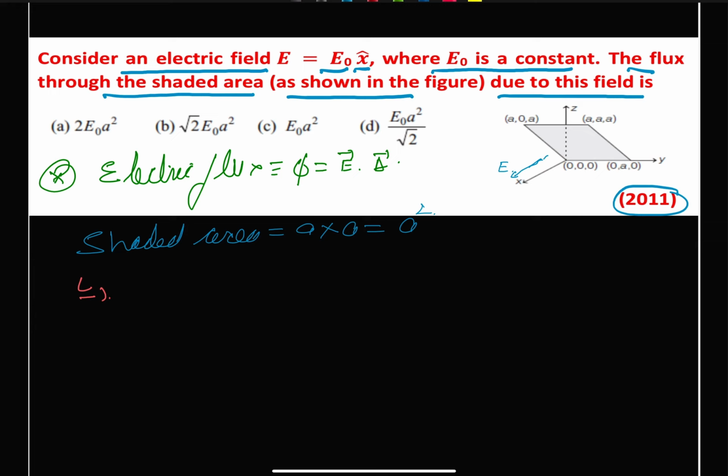And this shaded area we can say is in the xz plane. Therefore, we can write that our area vector will be equal to a square x unit vector minus a square z unit vector.